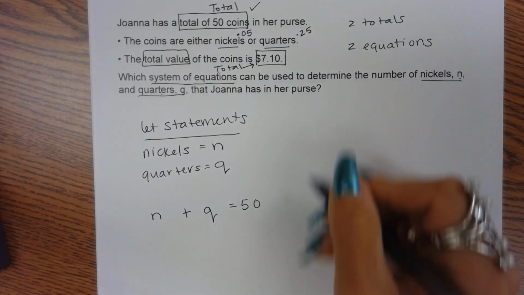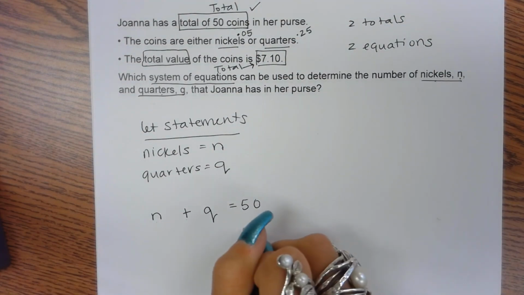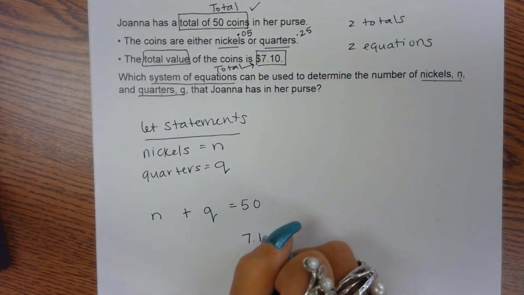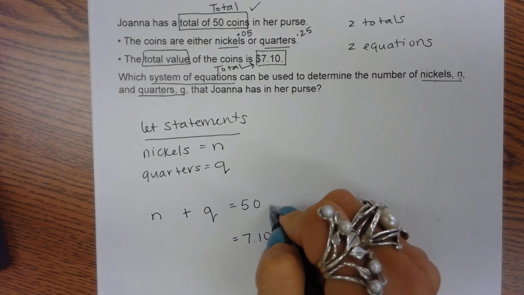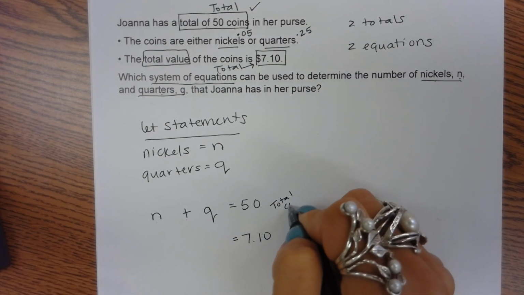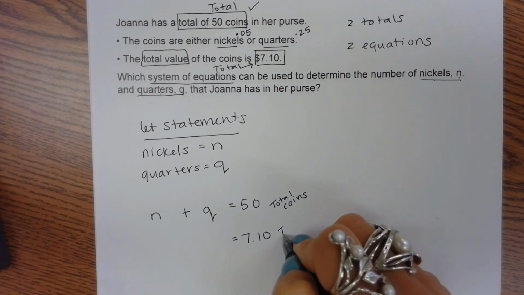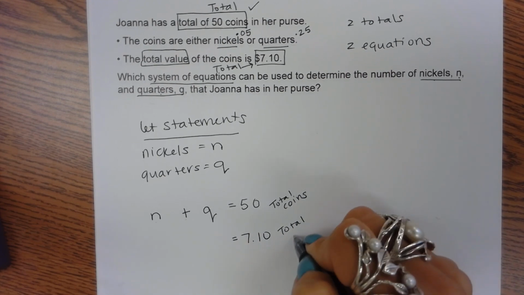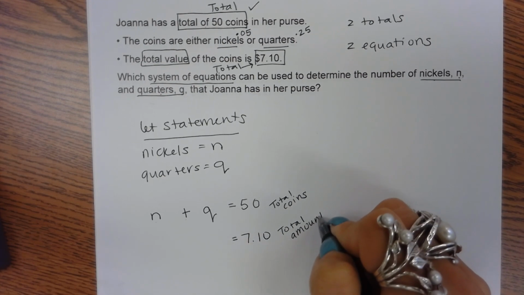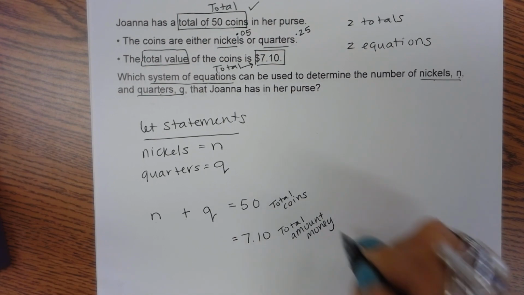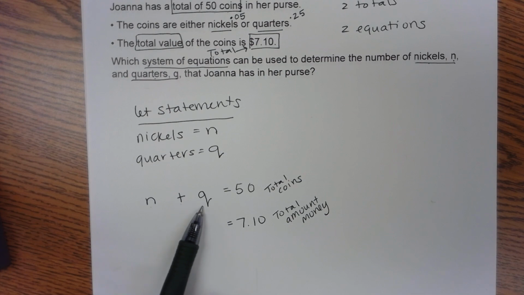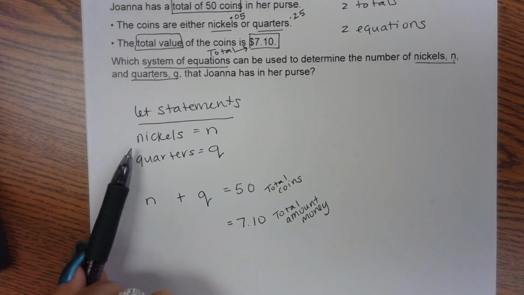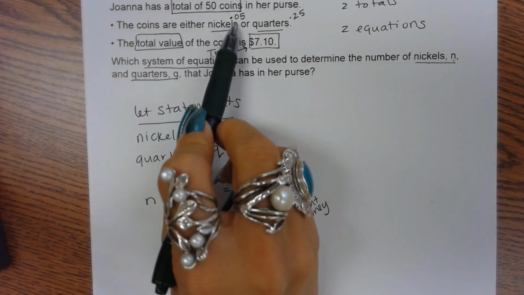Now let's look at our next total, which is $7.10. $7.10 is another total. So this is our total amount of money. So we know that there are nickels. We know that there are quarters. So how many cents are in a nickel? 5 cents.